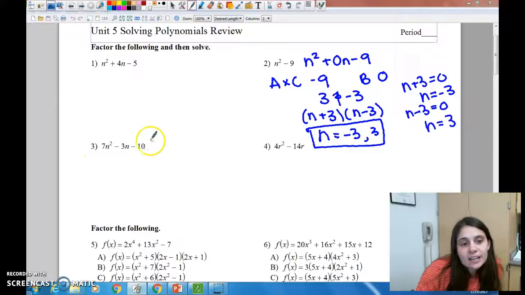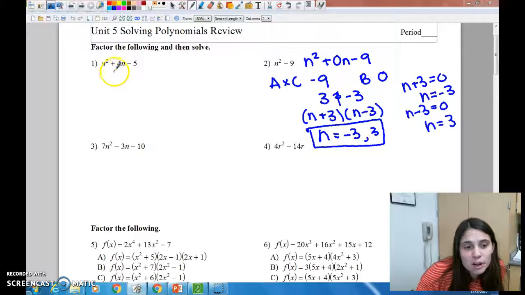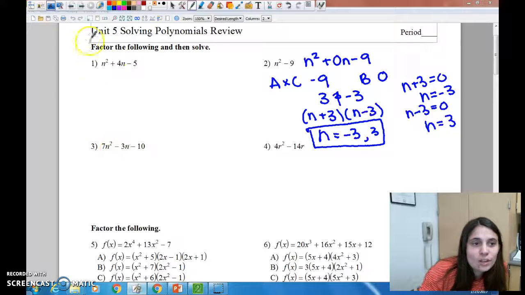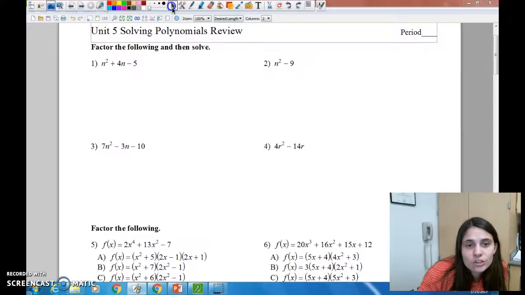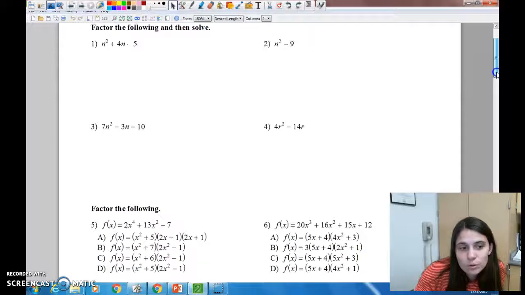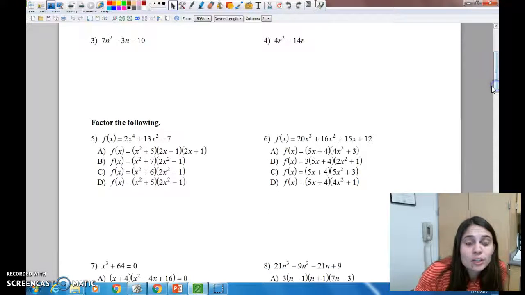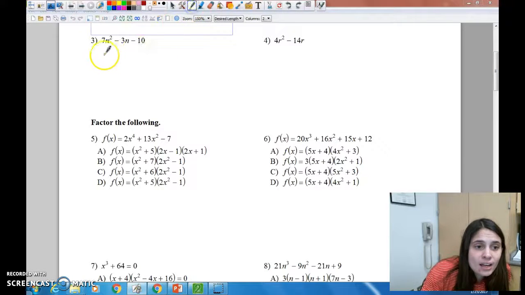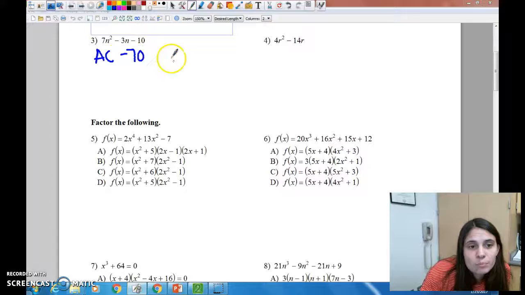Number 3 looks very similar to number 1, the only difference being there is a number in front of my n squared. So this is factoring a quadratic where a is not equal to 1. So on number 3, I'm going to start it the exact same way. So I have my a times c is 7 times -10, which is -70, and b, which is -3.